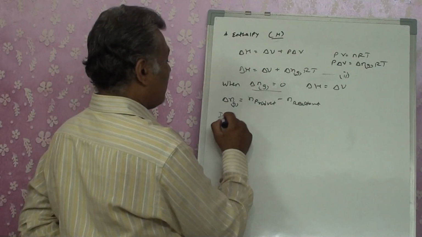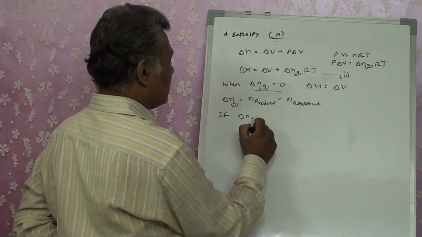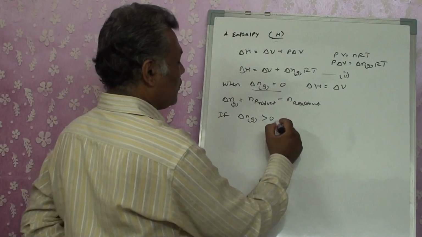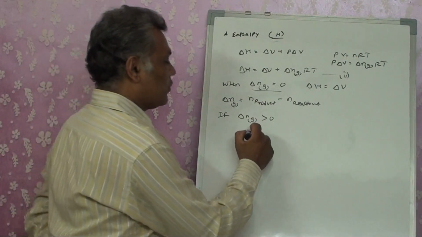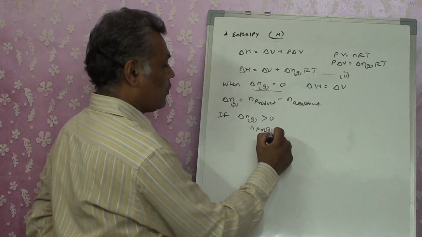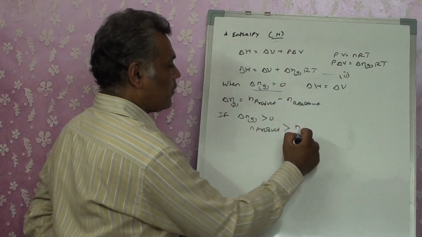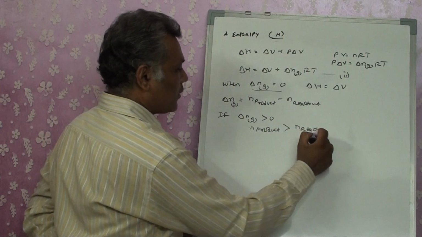But if delta Ng is greater than 0, that means the number of moles of product is greater than the number of moles of reactant.